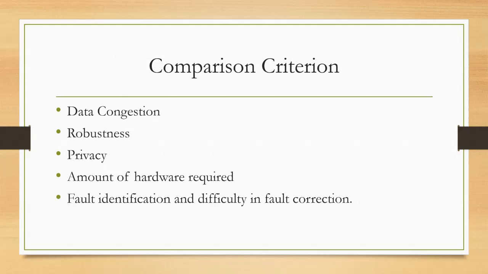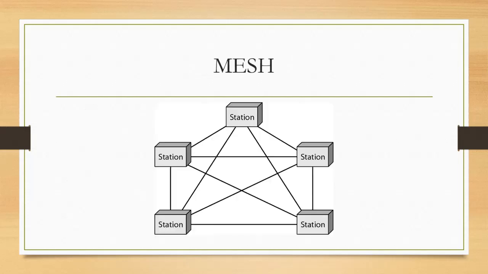This means whether we can isolate or identify the faults easily in the network topology, and once found, whether it is easy or difficult to correct the fault. And the last criterion is the effect of failure of a link on the whole system. If one link fails, whether the whole system will crash or it will not affect the other parts of the network. So let us start with the mesh topology.